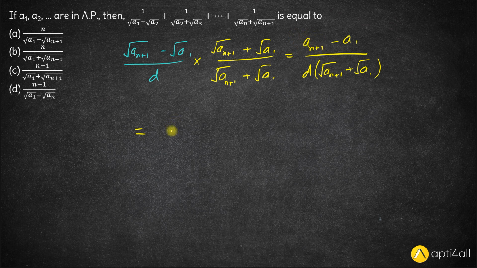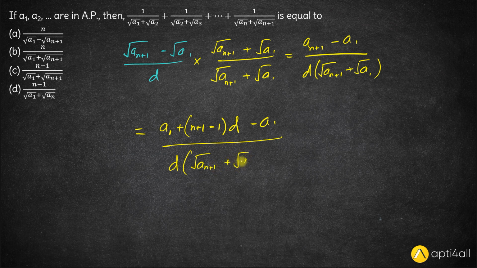Now the (n+1)th term, how can we write it? The (n+1)th term is the first term plus (n+1 minus 1) into d. So a(n+1) can be written as this, minus a1 upon d times root of a(n+1) plus root of a1.